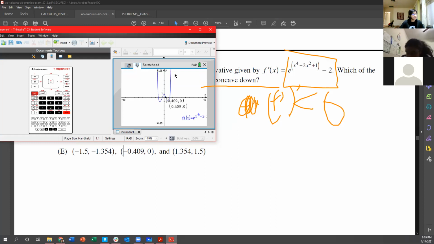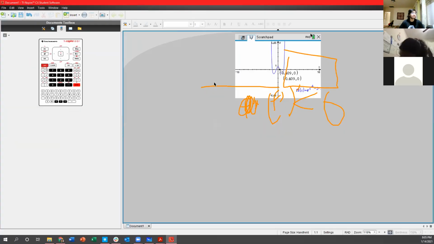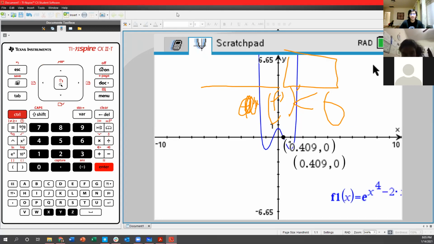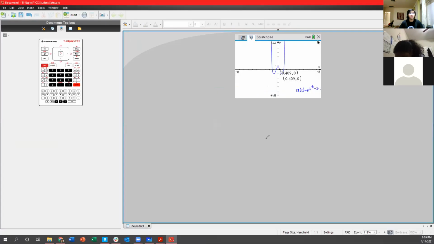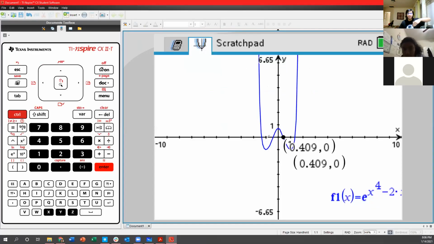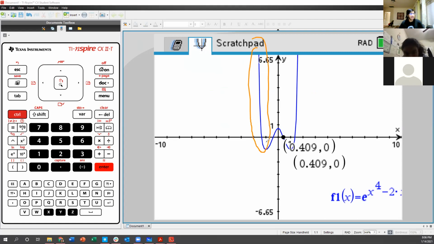Okay, if we take a look at that, remember this is f derivative. We want concave down, so that means we want f derivative to be decreasing. So where is f derivative decreasing? Well, it's decreasing from here to here, and then it's decreasing from here to here.